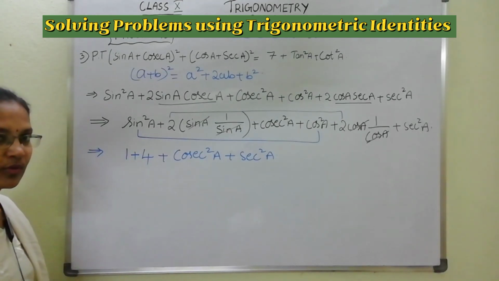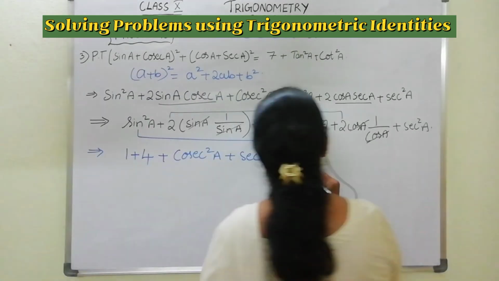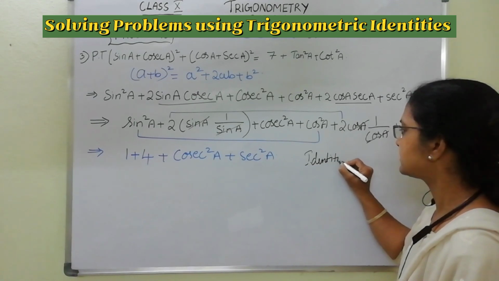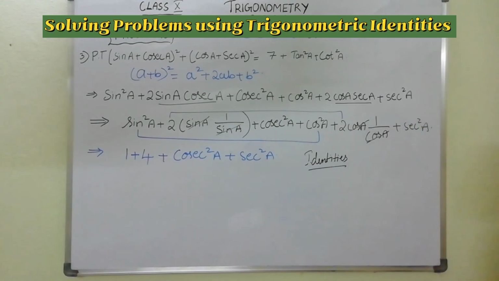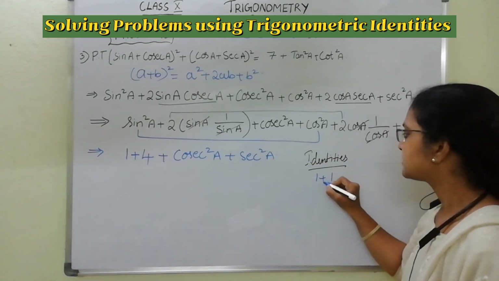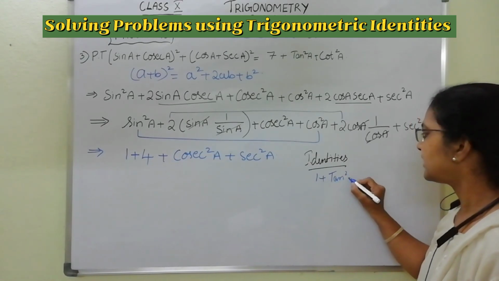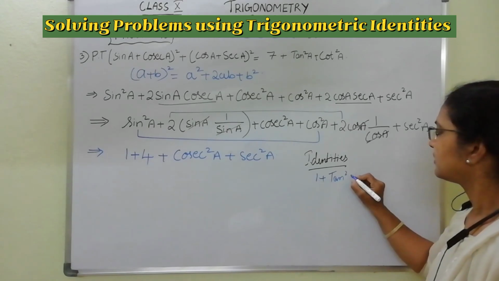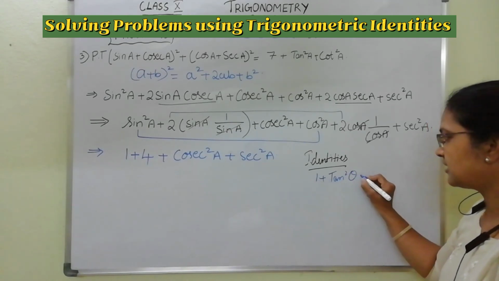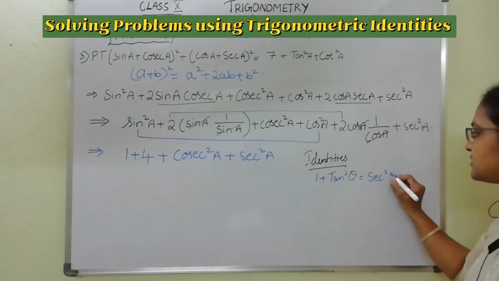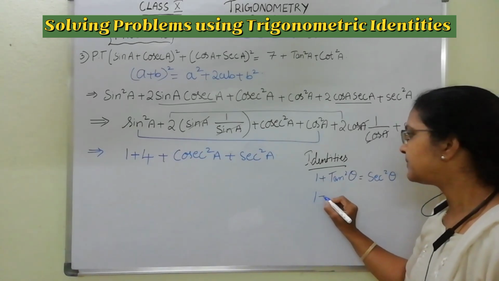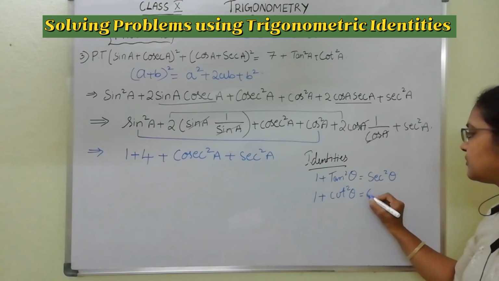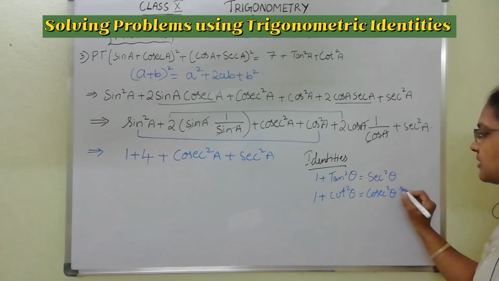Cosecant square A is nothing but 1 plus cot square A, because we know the identities. Identities are 1 plus tan square theta is equal to secant square theta, and 1 plus cot square theta is equal to cosecant square theta.